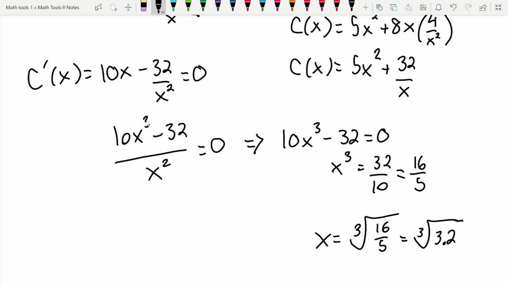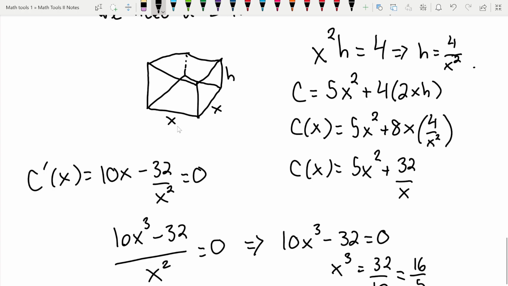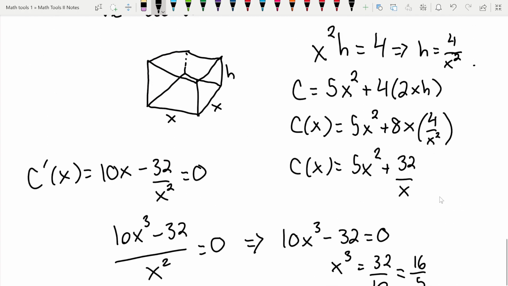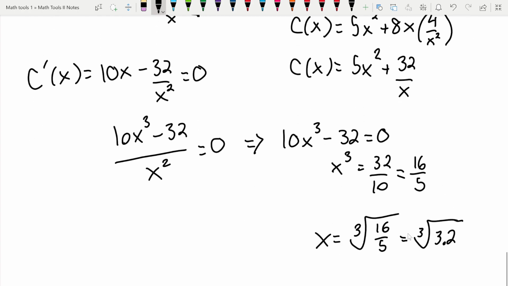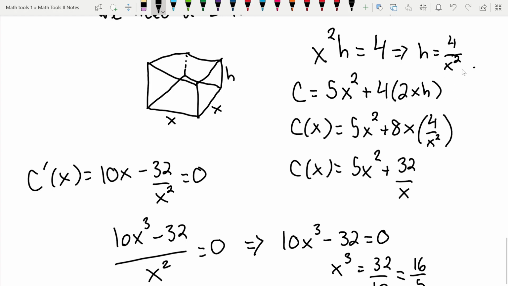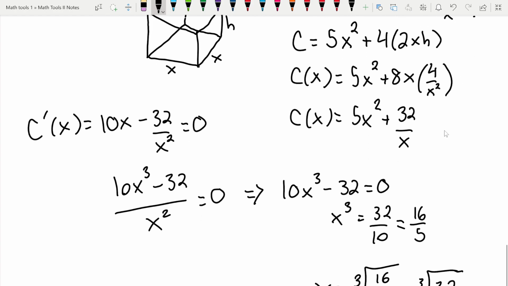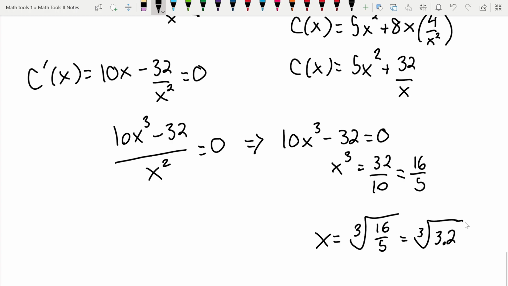So the minimum cost would be at 1 point something for the x's. And then you would plug that in to h here to get whatever you want the height to be, right? So it's going to be like 4 over cube root of 3.2 squared for the height. So a messy number, but the math works out all the same.